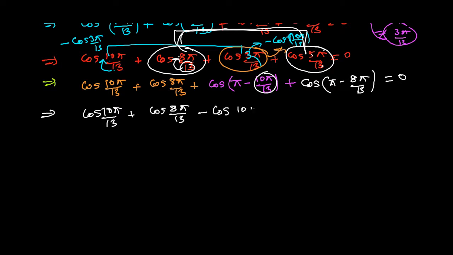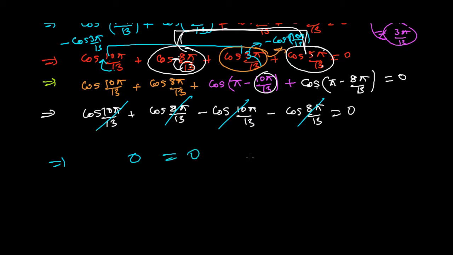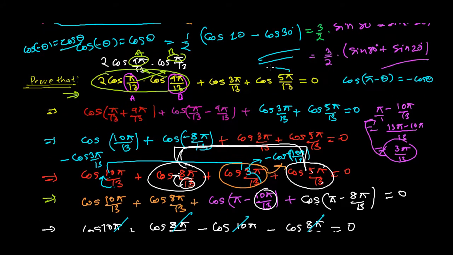Theta is 10 pi over 13, and here again cos pi minus 8 pi over 13 will be minus cos 8 pi over 13, equals 0. And here we can cancel plus cos 10 pi by 13 and minus cos 10 pi by 13, similarly plus and minus cos 8 pi by 13. So this will cancel, and finally we get 0 equals 0, which is proved. It means this whole quantity that the question had given is equivalent to 0, and we proved it.